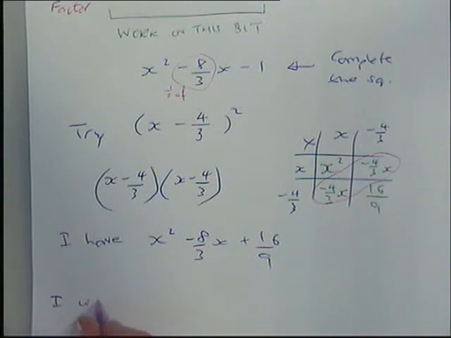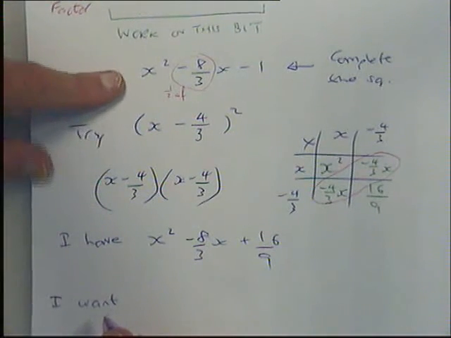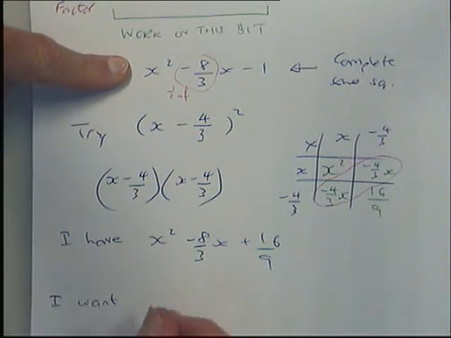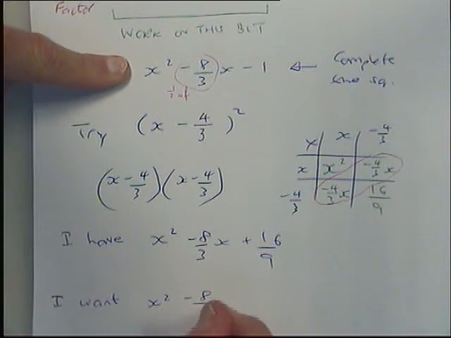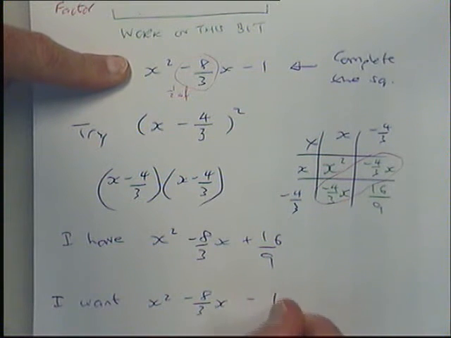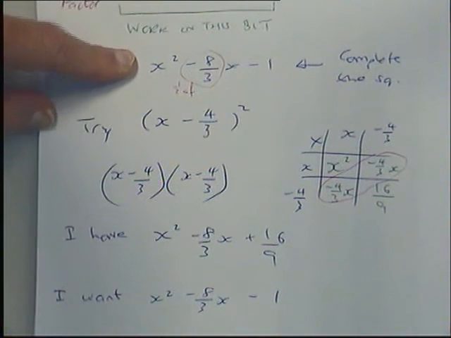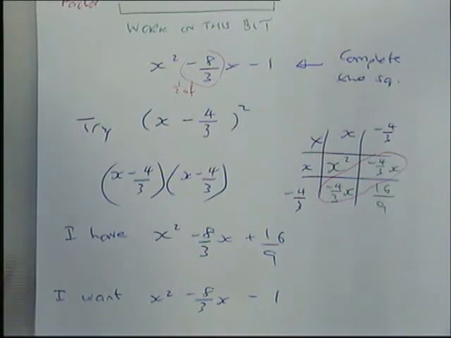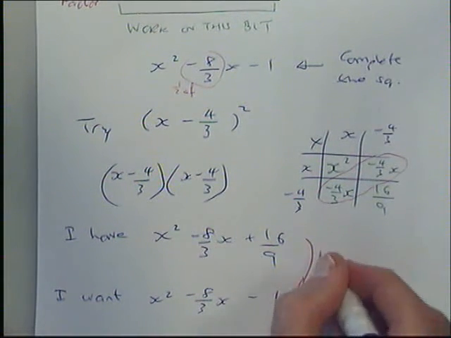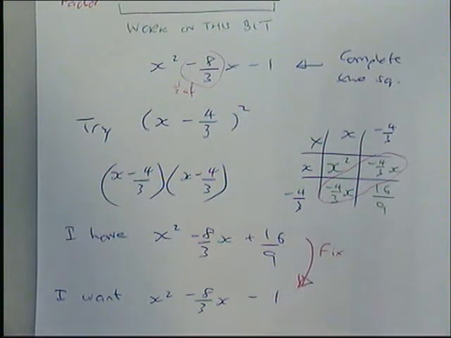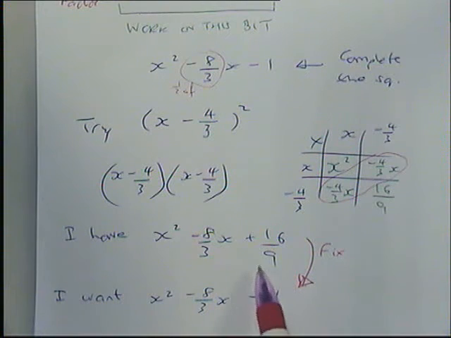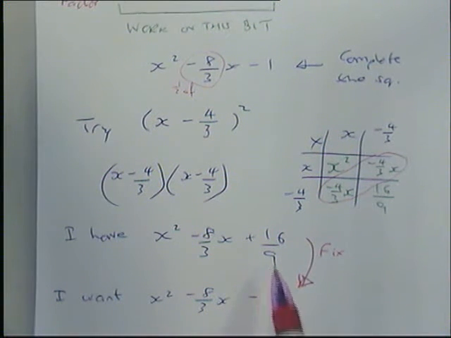However, what I want is the bit I had up here, which is x squared minus 8/3 x minus 1. So I haven't got what I want. To get from what I have to what I want, I've got to do a fix. What have I got to do to get from positive 16/9 to minus 1?